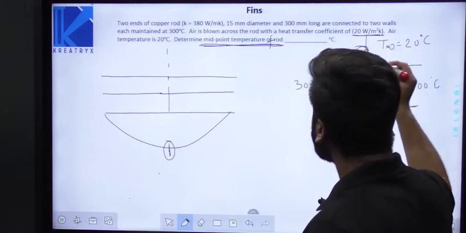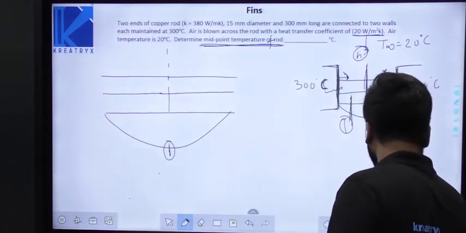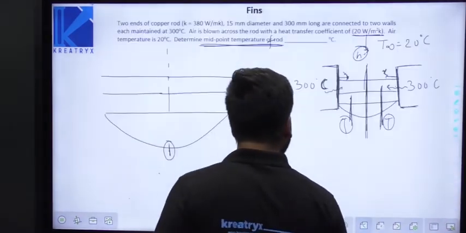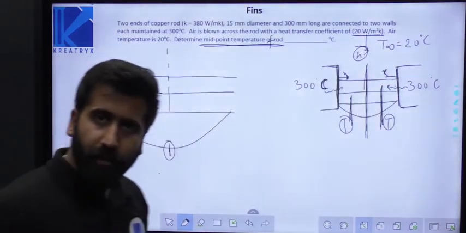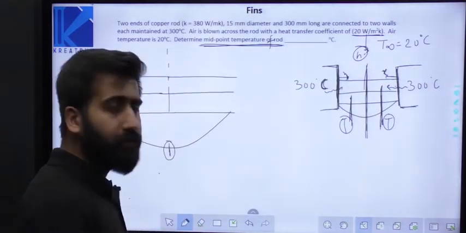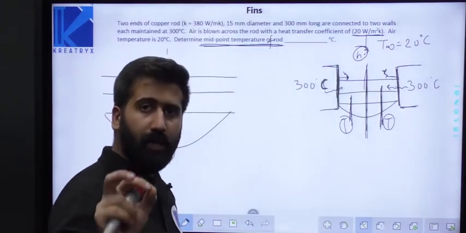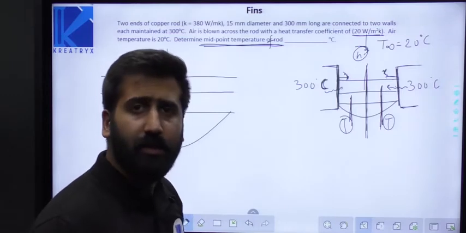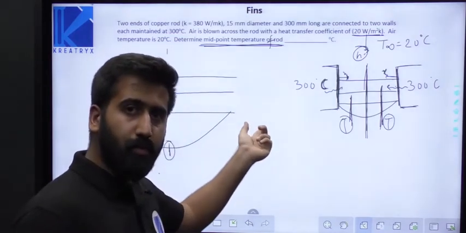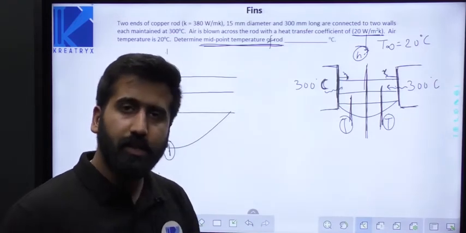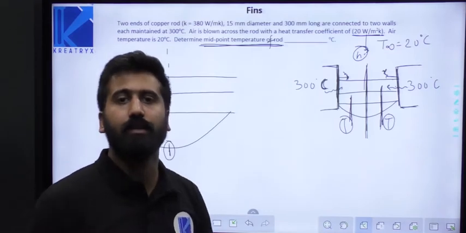Now you have to find the temperature of the midpoint of the rod. For that, we can use the formula for the temperature profile, but before using that, we have to find whether the temperature profile will be for the first case, that is infinitely long fin, or for the second case, that is insulated fin.